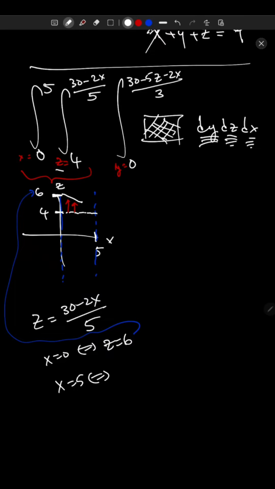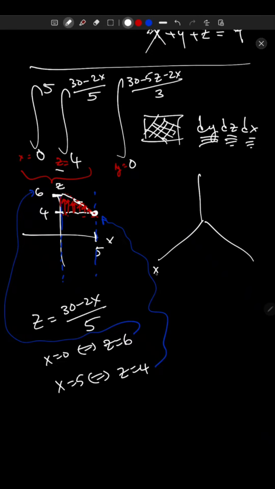And x equals 5 corresponds to z equals 20 over 5, z equals 4. So in this picture, this line hits right there. So it's actually a triangular region. We're going from 0 to 5, so we're filling up this entire region. Again, our shadow is this triangle right there.